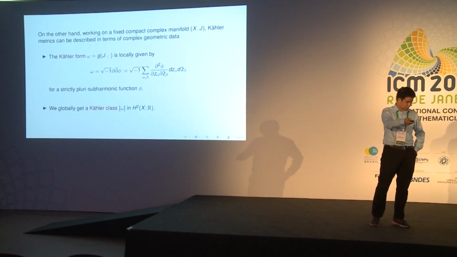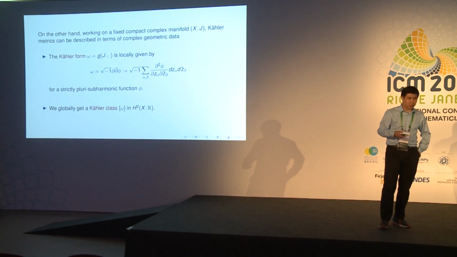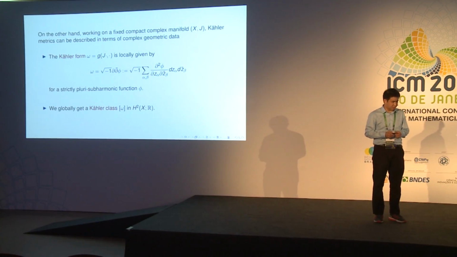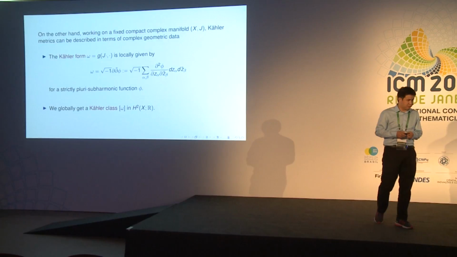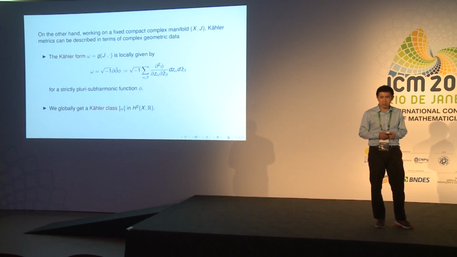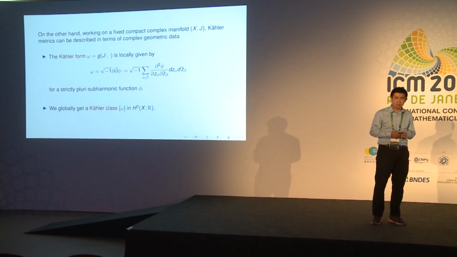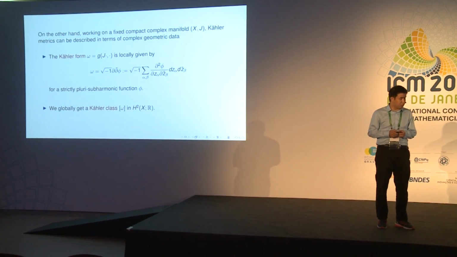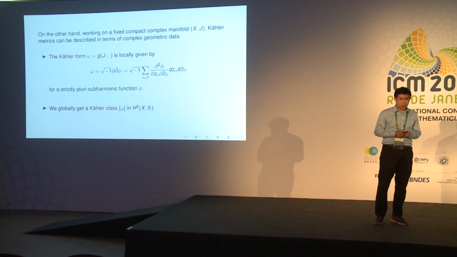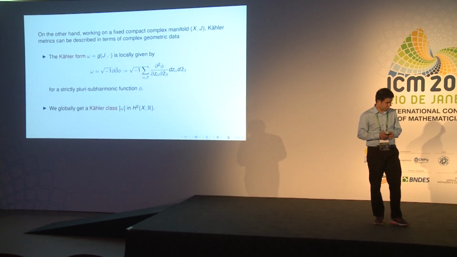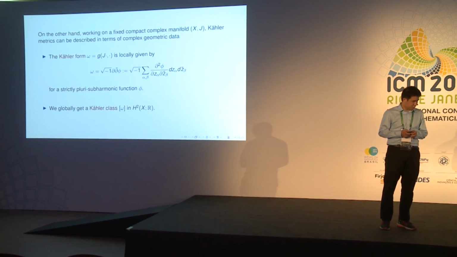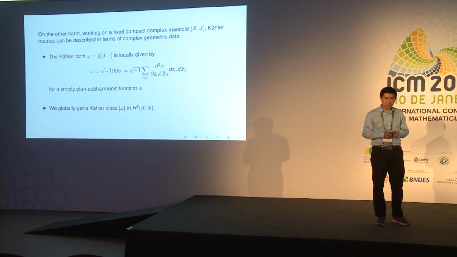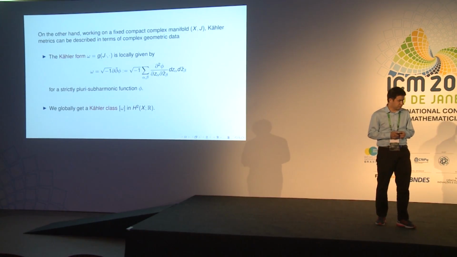On the other hand, if we work on a fixed compact complex manifold, we fix the complex structure, then we can describe Kähler metrics in terms of complex geometric data. In Kähler geometry, it's more convenient to use the Kähler form, which is a composition of the Riemann metric and the complex structure. Given J, omega and g, they determine each other.